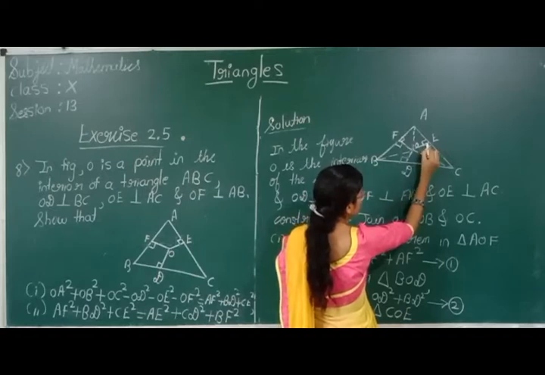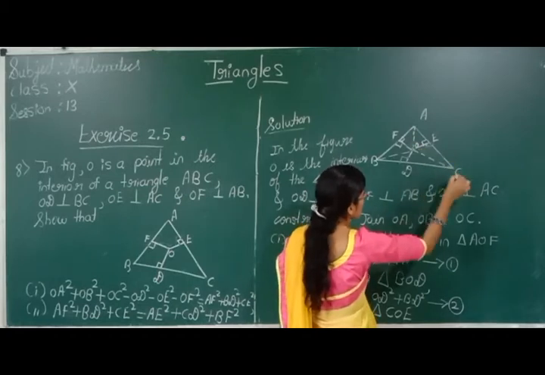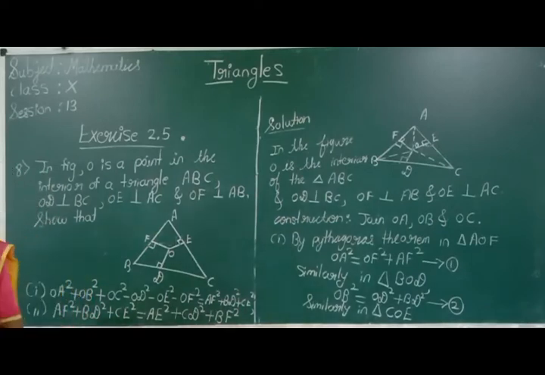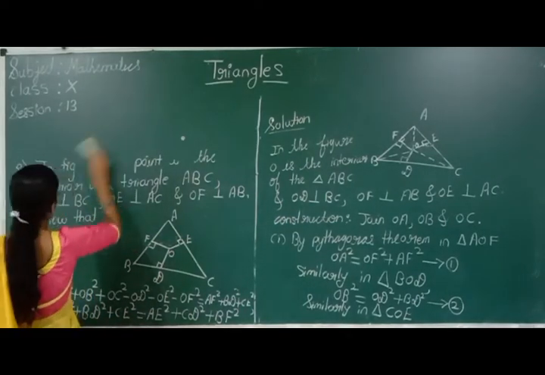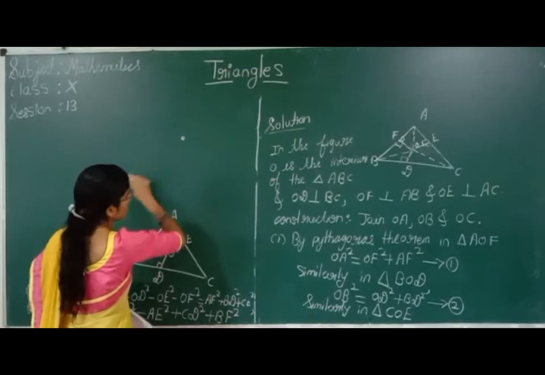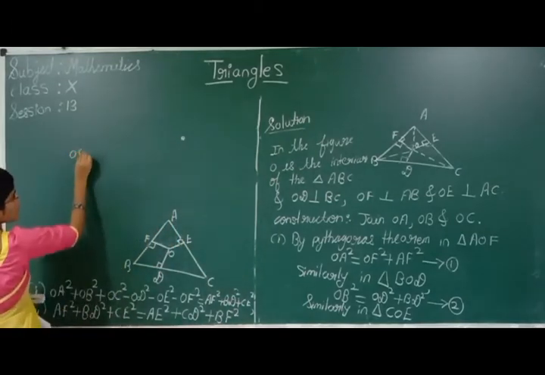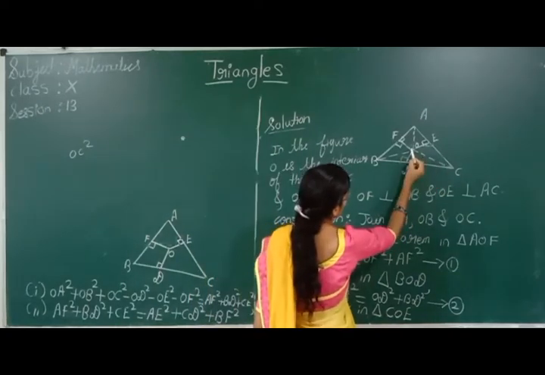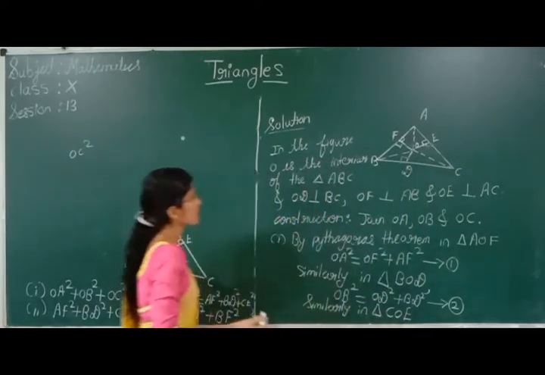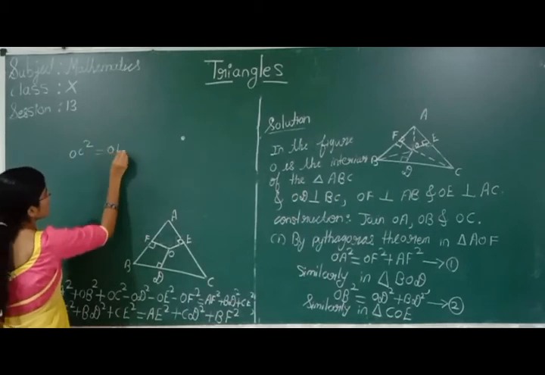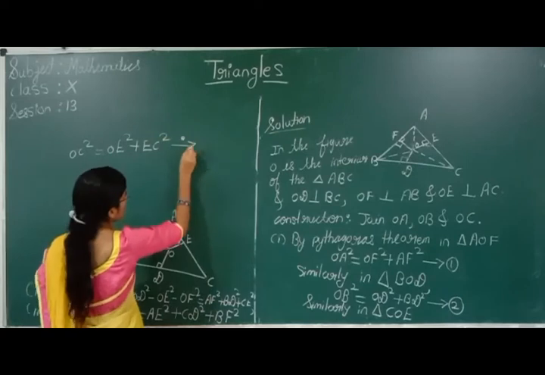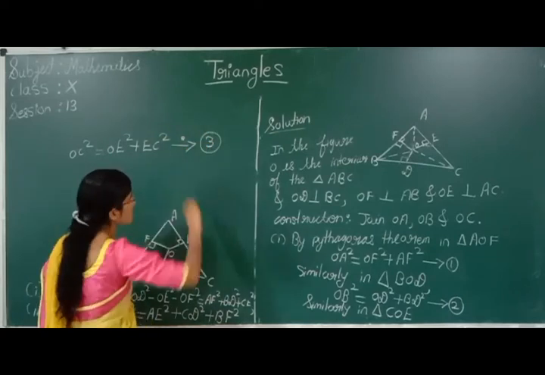For this, which is the opposite side? OC. OC is the hypotenuse. What can we write? OC square is equal to OE square plus EC square. Call this equation number 3.